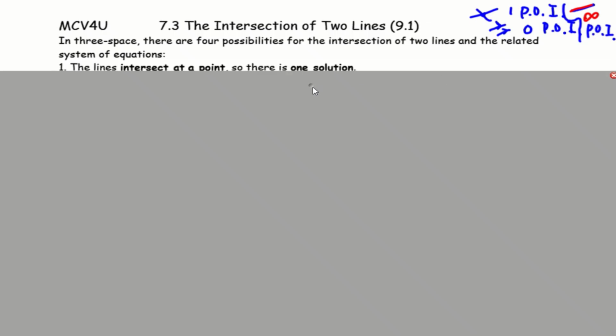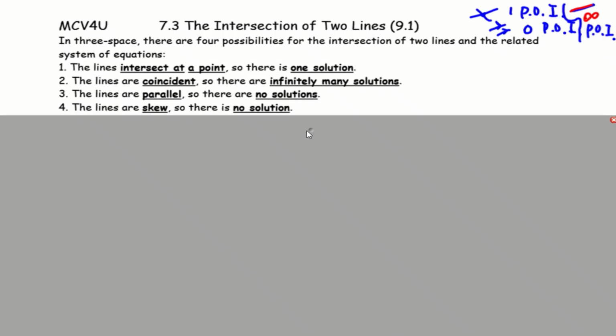So for what we have done before, we have these 3 cases, okay? 1 point of intersection is just the normal case, and if two lines are parallel, they will never ever intersect, so there's no point of intersection. And if two lines are the same line, it will have infinite. And in 3 dimensions, you are going to have 4 possibilities.